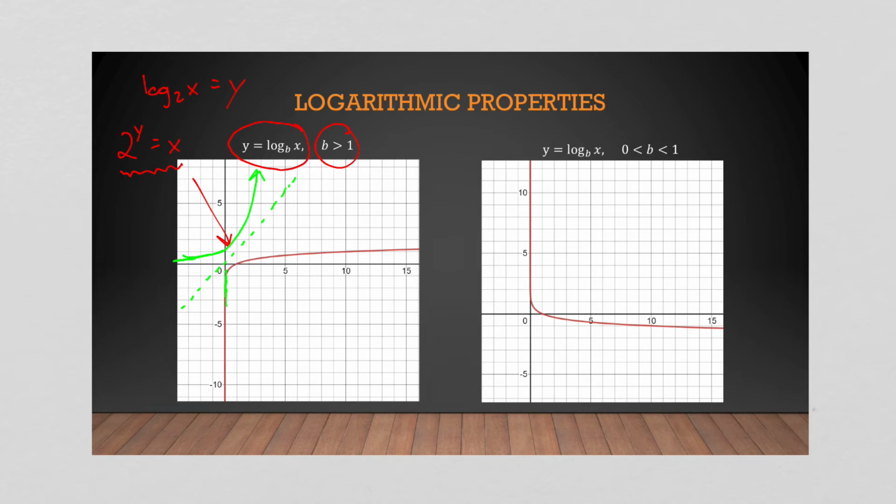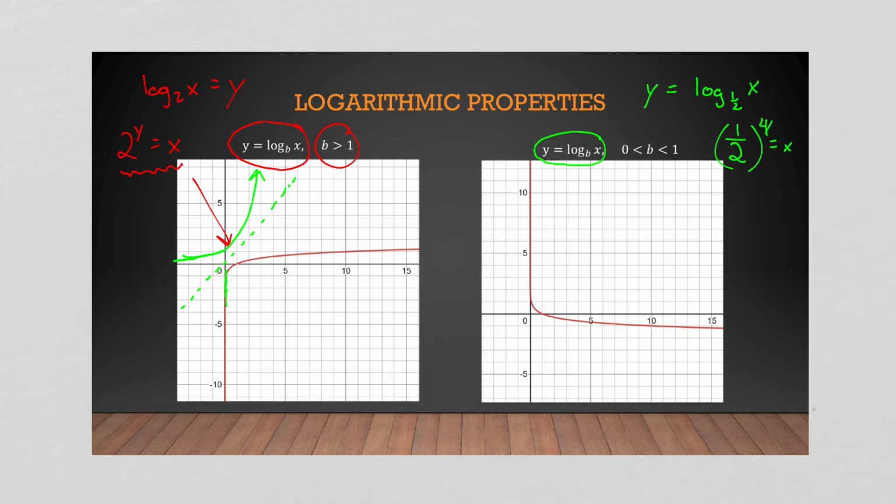And then similar here, but now we have b being a fraction. So again, consider this as a base, and again, this base does not reflect the log you're looking at, but just consider a base of a half. Well, if we convert that into exponential form, we have 1/2 to the y equals x.